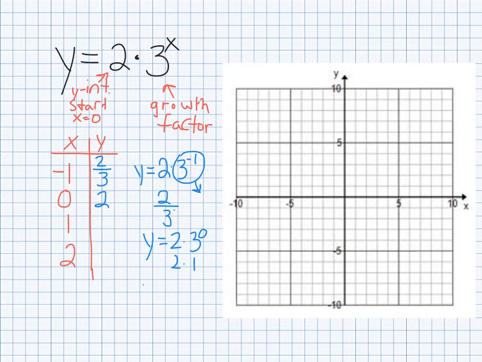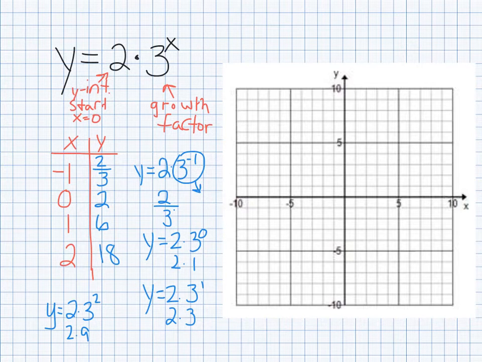When x is 1, y equals 2 times 3 to the first. 3 to the first is 3, and 2 times 3 is 6. And the last one, y equals 2 times 3 to the second. 3 to the second is 9, and 2 times 9 is 18. That's way off of our graph.